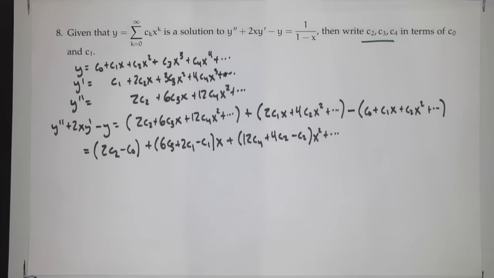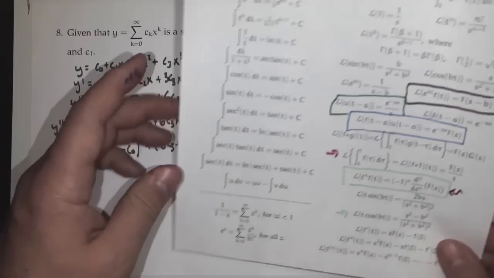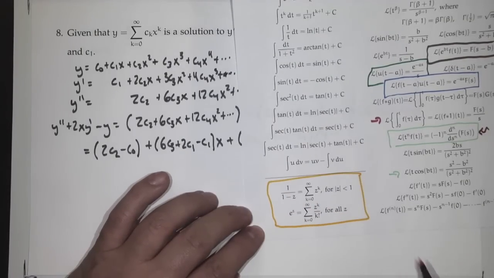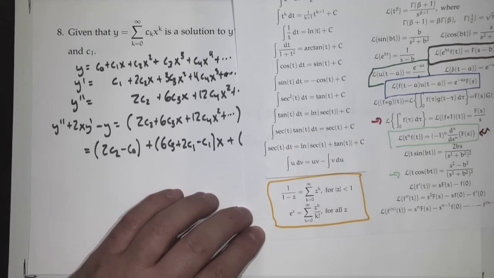I have put a lot of energy into that left-hand side. I've got to put a little bit of energy into this right-hand side, but not too much, just enough. 1 over 1 minus x. And you might think that we're done with the equation sheet. But notice there's a little bit about series in our equation sheet: 1 over 1 minus something and e to the something.